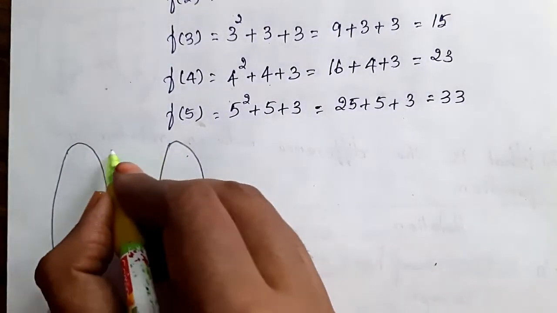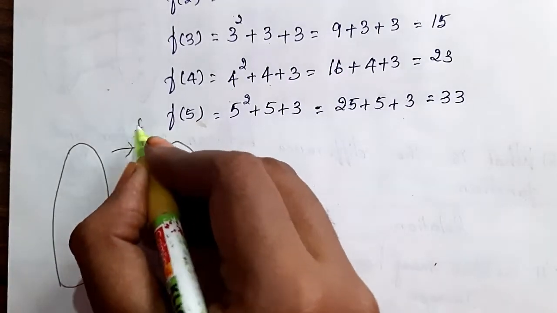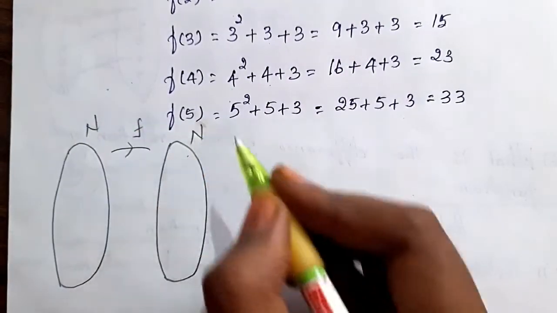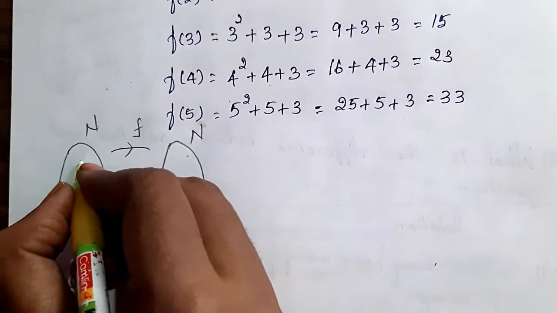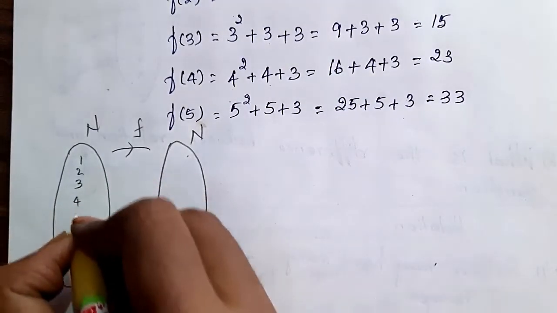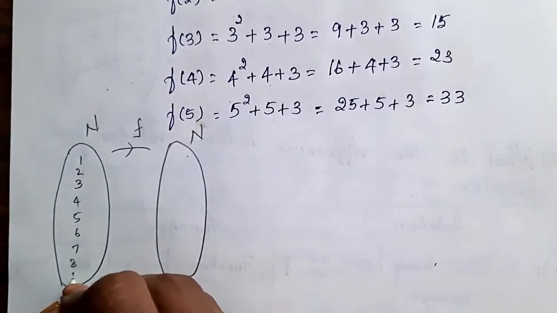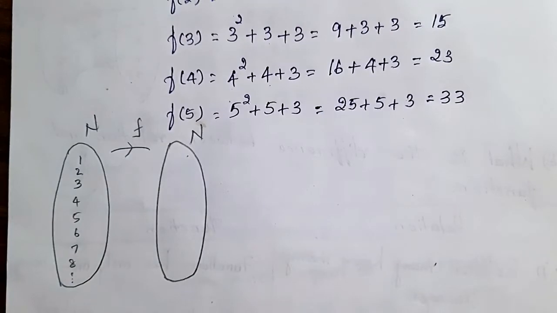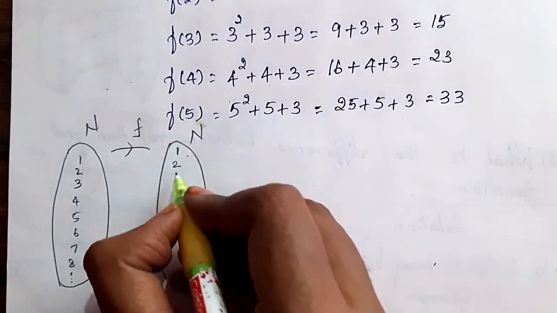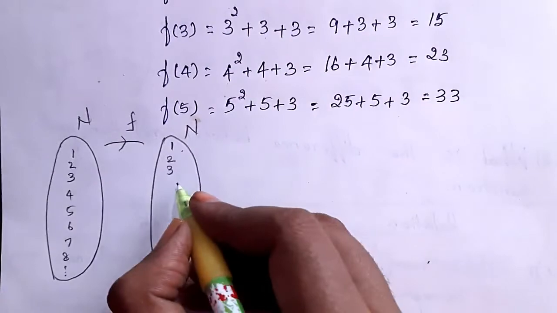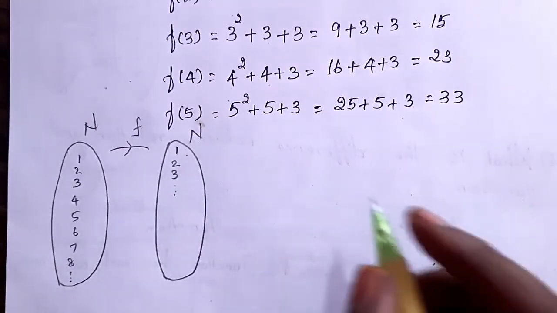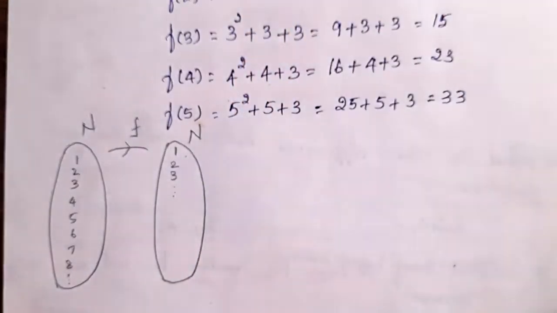So our function f is from N to N. The values in N are 1, 2, 3, 4, 5, 6, 7, 8, etc. On the other side also the same, starting from 1, 2, 3. I am writing etc. because our first value is 5 here.